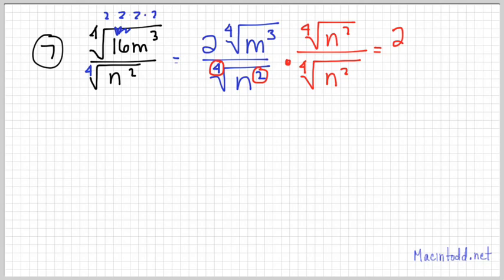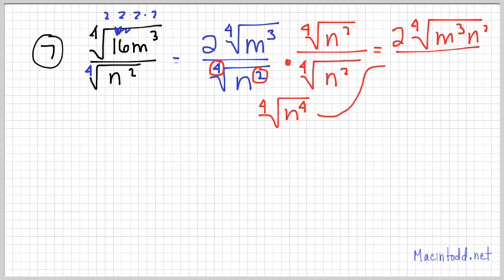On top I have 2, 4th root, m cubed, n squared. And on the bottom I've got the 4th root now of n to the 4th, which is just n. And so I no longer have a radical in my denominator, and that's my goal for a problem that has a radical down there.